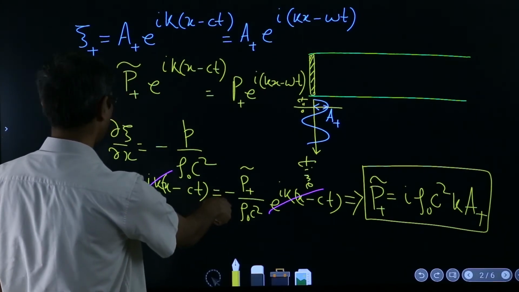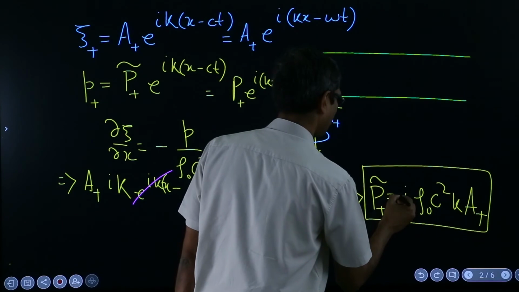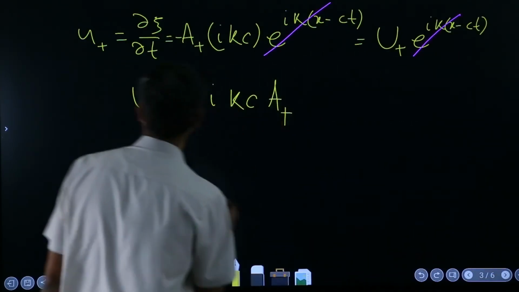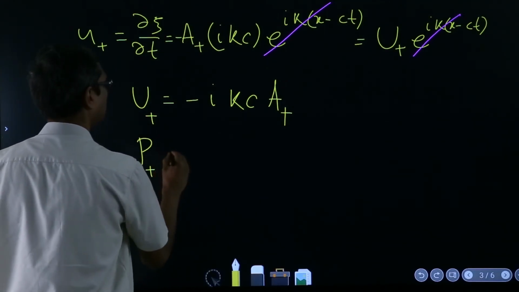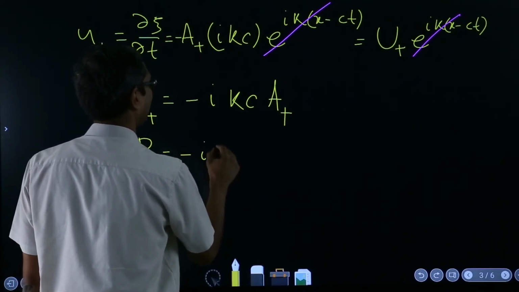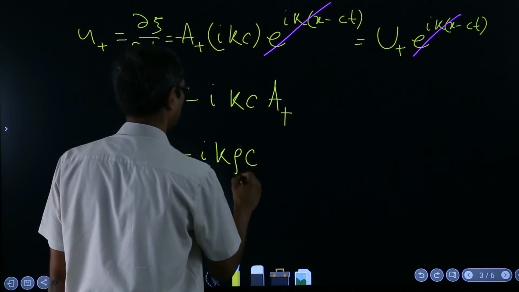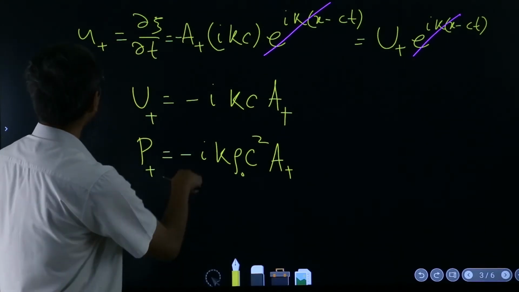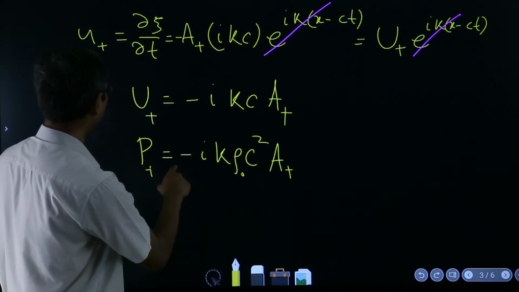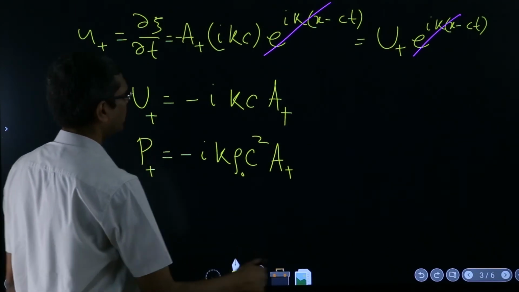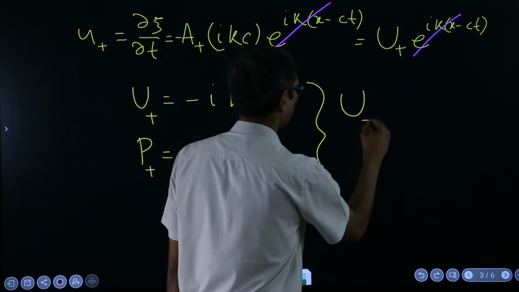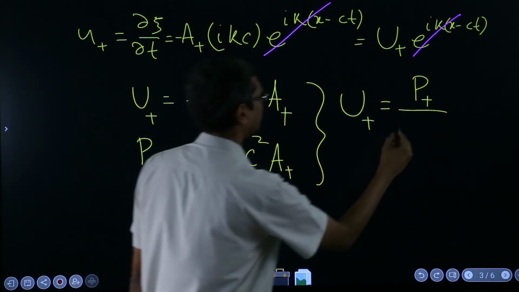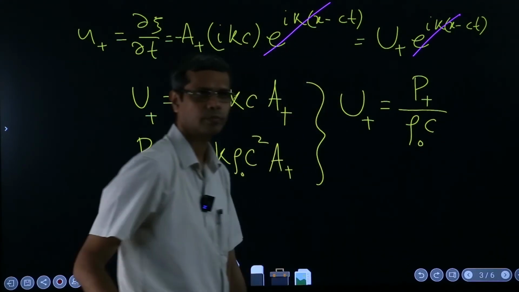Yeah, this minus I missed, right? You should have told me. Yeah, this is a minus. So p plus is equal to minus i k rho naught c square a plus, right? So if you compare these two things, you are seeing that u plus is nothing but p plus over rho naught c, right?